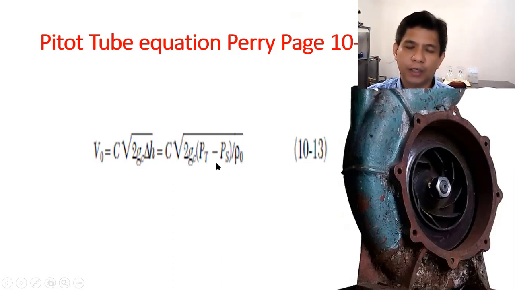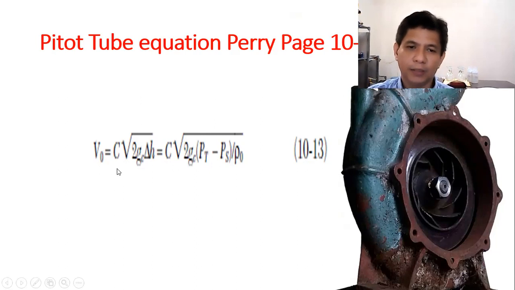In the case of the English system, you're supposed to get feet, no? So if the pressure is in pound force per feet squared, the GC will convert that to feet squared per second squared, and then when you take the square root, it will give feet per second.